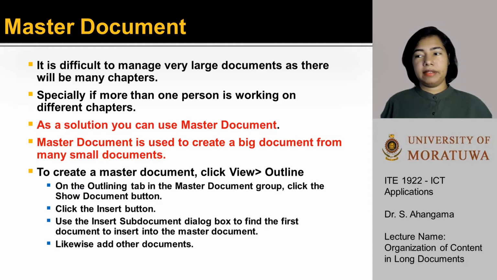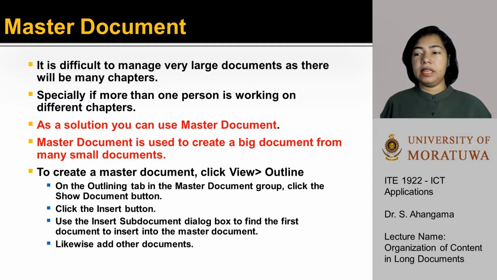So how to create a master document? Again, you have to click view and then go to outline. Then you will get the outlining tab where you have the master document group. There, select the show document button.